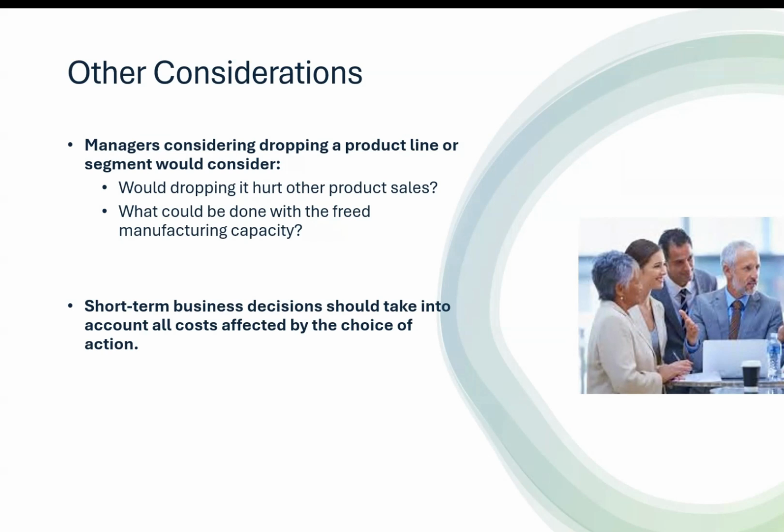So if Smart Touch Learning discontinues the premium tablets, could the company manufacture and sell another product using the freed machine hours? Is there sufficient demand for Smart Touch Learning to produce and sell more standard tablets? Managers should consider whether using the machinery for a different product or expanding existing product lines would be more profitable than continuing to produce premium tablets.